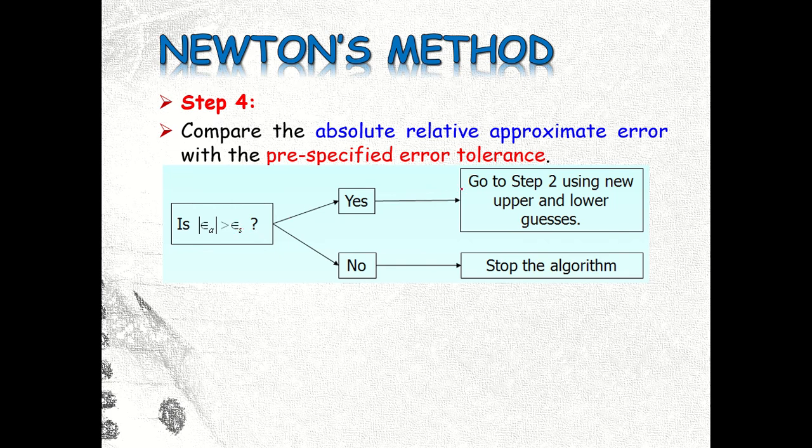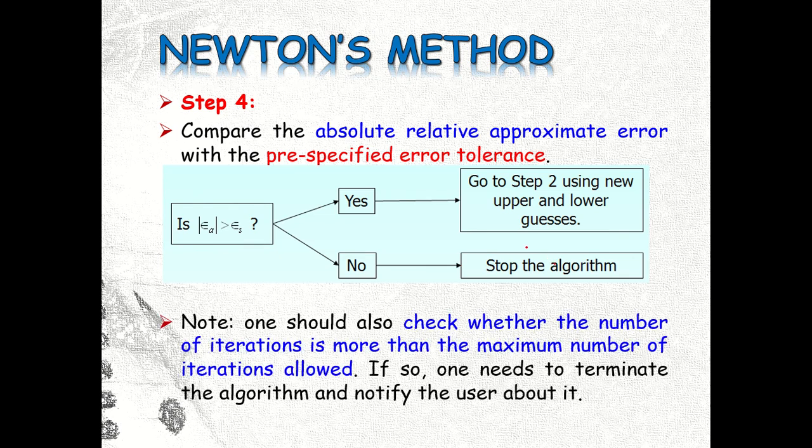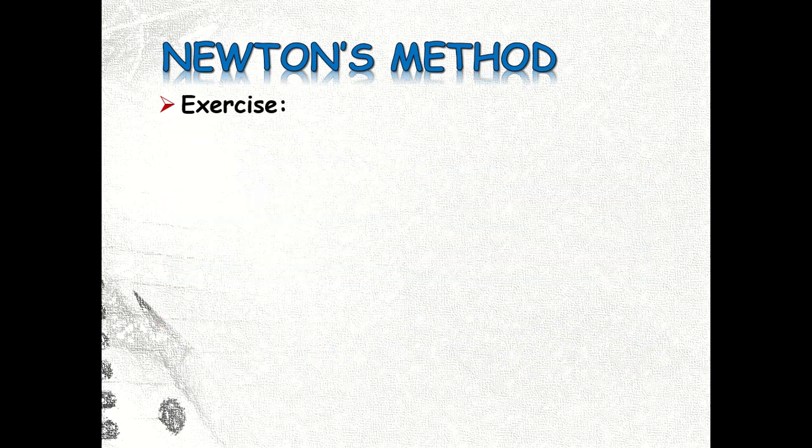If yes, then go to step 2 using new upper and lower guesses. And if no, then stop the algorithm. You should also check whether the number of iterations is more than the maximum number of iterations allowed. If so, then you need to terminate the algorithm and notify the user about it.